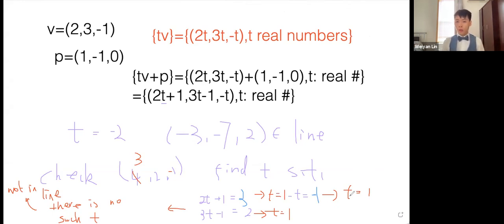So all three equations tell you t equals 1. That means t equals 1 is the t we want that satisfies all three equations. If there is such a t, the point is in the line. So in this case, there is such a t, so it's indeed in the line.